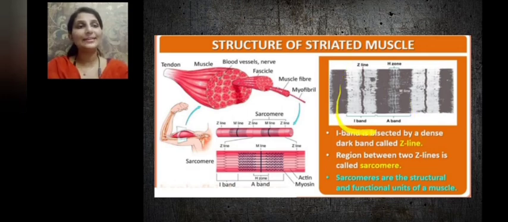Whereas the center of the I band is bisected by a Z line, and the region between these two Z lines is called a sarcomere. Dear children, in this module, we learnt about the structure of a striated muscle and what gives it striations, the alternate light and dark striations. Thank you.